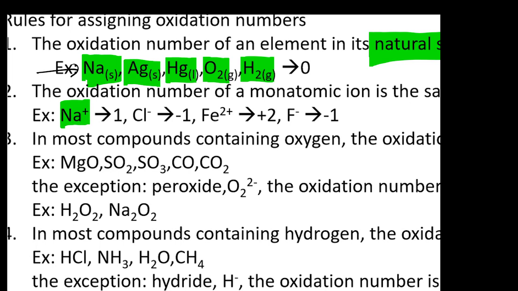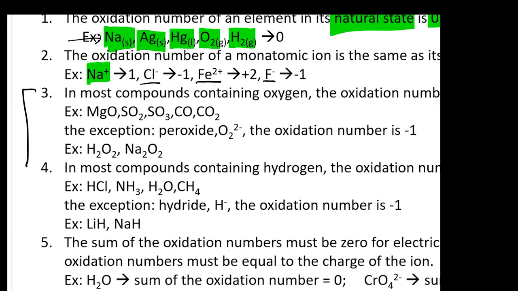That means right now the oxidation number of sodium is +1. Cl-, that means the oxidation number of chloride is -1. And this is the same: Fe now carries +2, F- carries -1. If it's just a single atom with a charge on the top right corner, then its oxidation number will be the same as the charge it carries. So that's rule number 2.